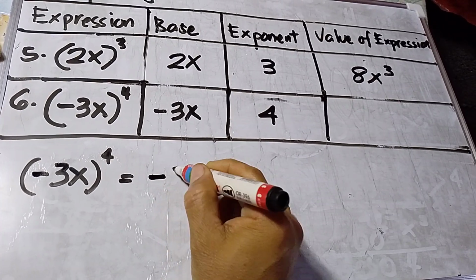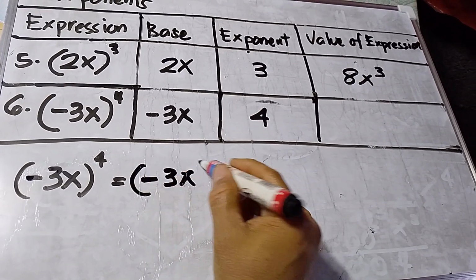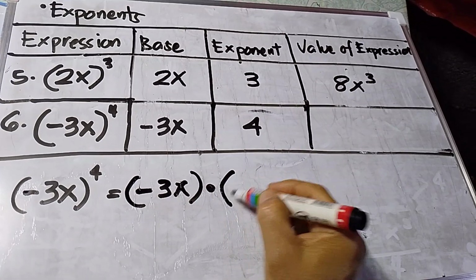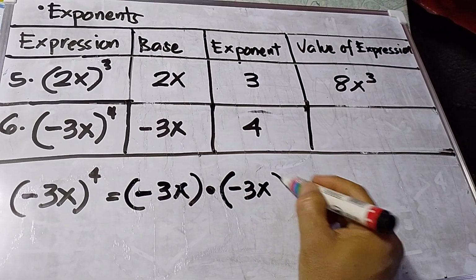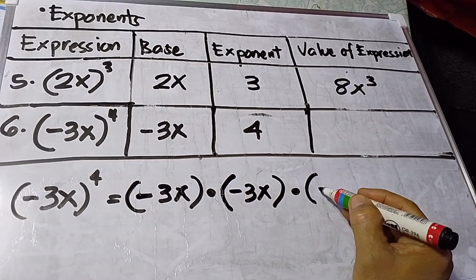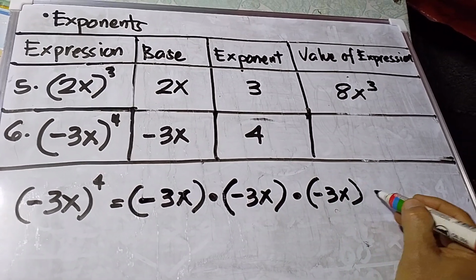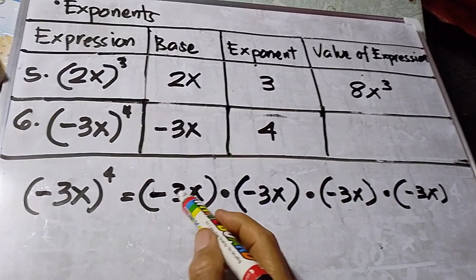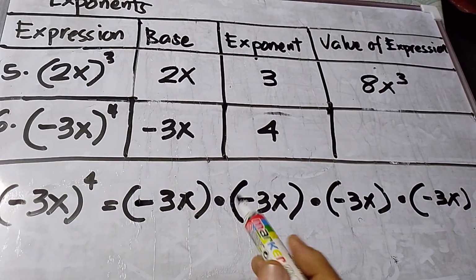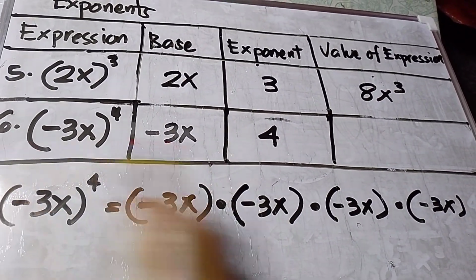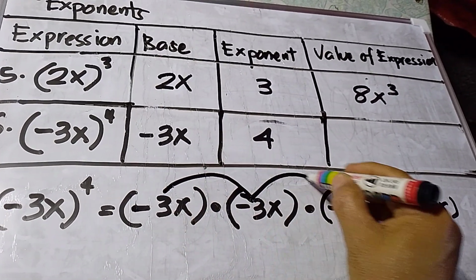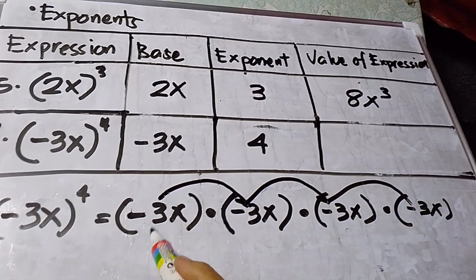So it means that you have 3x. This we will use, this will indicate multiplication. Negative 3x times negative 3x times negative 3x. So as what I did in number 5, this will be multiplied.